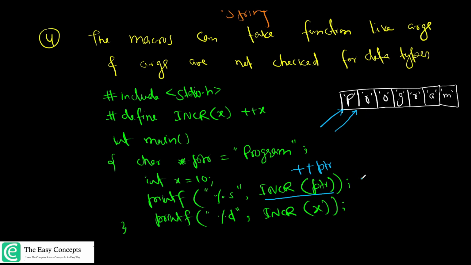So what should be the output of this? The output of this should be rogram. So p is removed from that output. And next, this number is 10, so it will also become ++x, and the answer should be 11, right? So it is not checking whether this particular thing is an integer or a string, right?